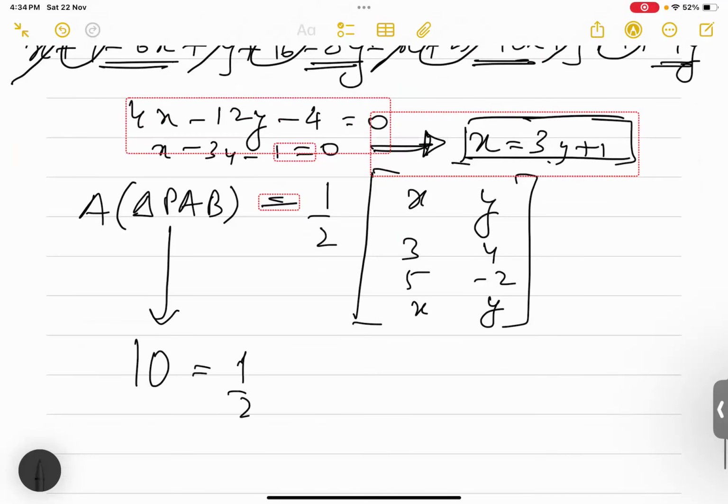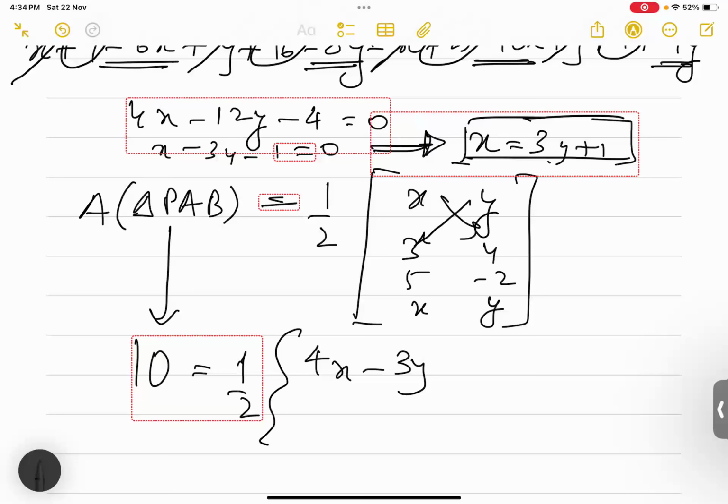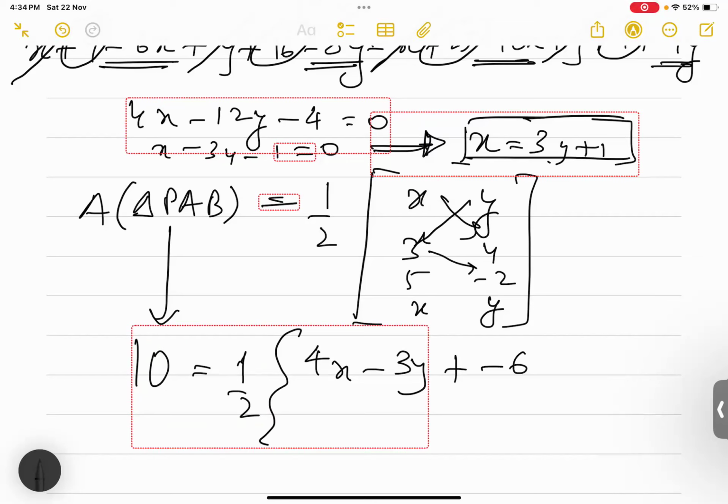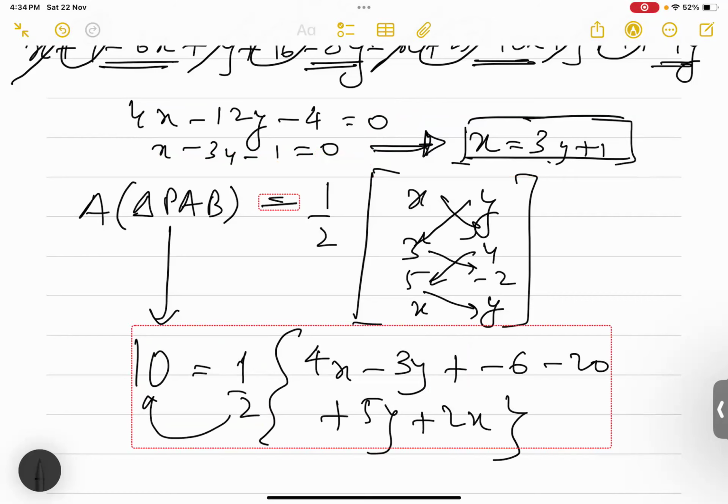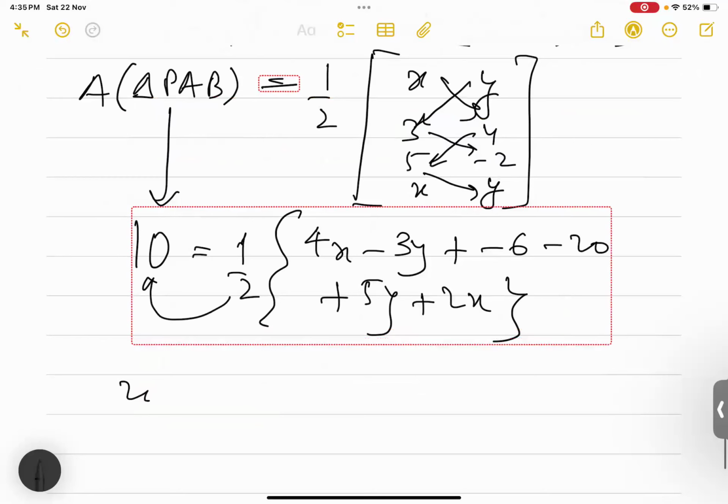So 10 is equal to half, and we'll solve this. 4x minus 3y, minus 6, minus 20, plus 5y, minus minus is plus 2x. So this will go over here; this will be 20.